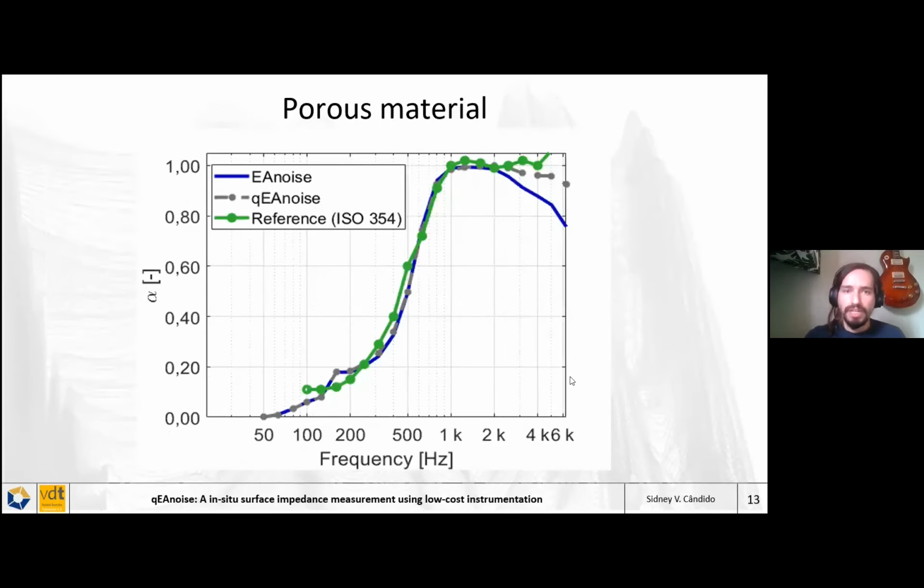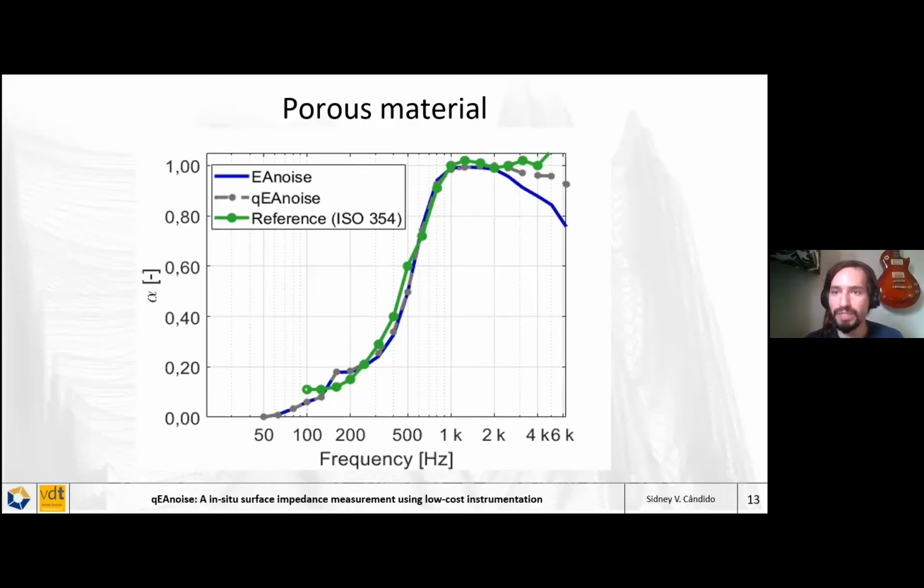What I could achieve with the EA-noise was to improve the measurement of the absorption coefficients up to 5K. This is a result comparing the same material, the three lines representing the absorption coefficient of the same material, but the green line represents the measurement made using the ISO 354, using 10 to 12 square meters of material.